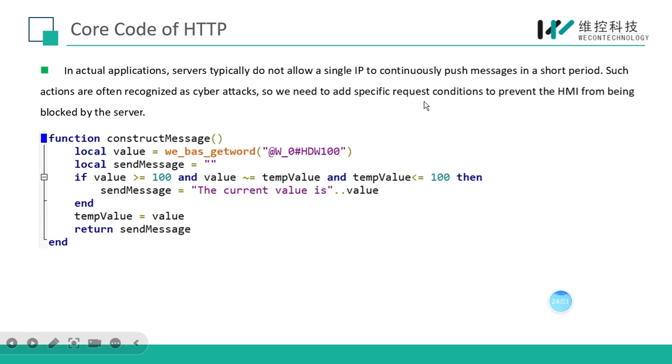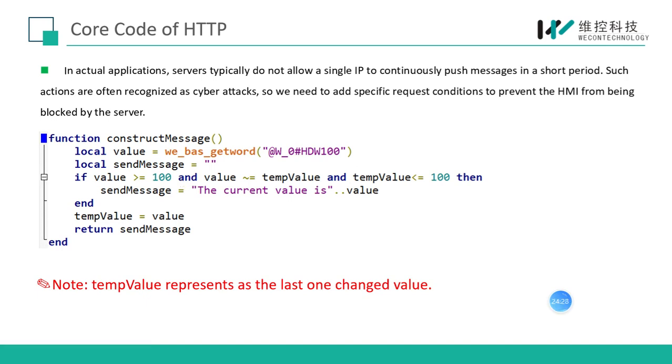So we need to add some condition to prevent the HMI from being blocked by the server. So here we use a condition: if the temp value equals the last change, if the last change didn't differ from the current value, then it will not send out this message. Okay.